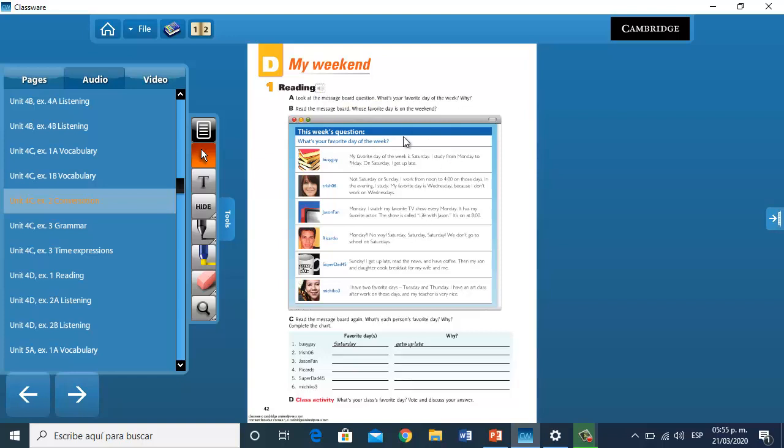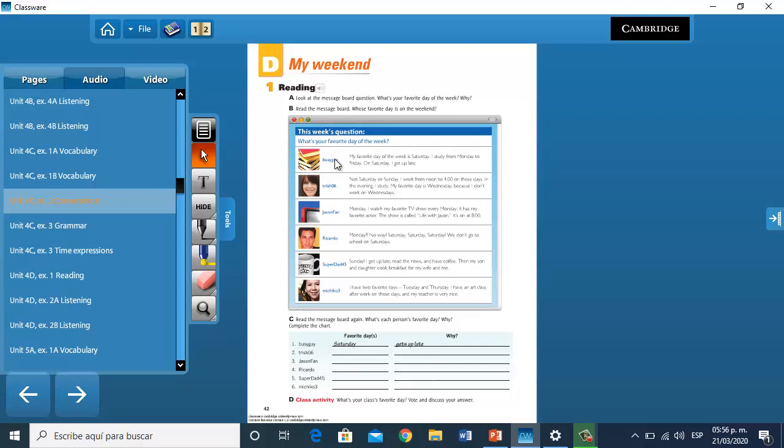You have to look at the message board question, and 7 people are going to talk about their favorite day of the week, and you have to write over here what's the favorite day of the week of every person, and then write down in here why it is their favorite day of the week.